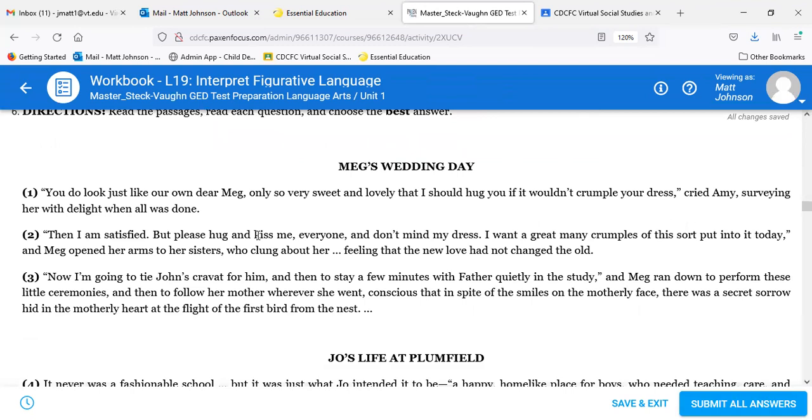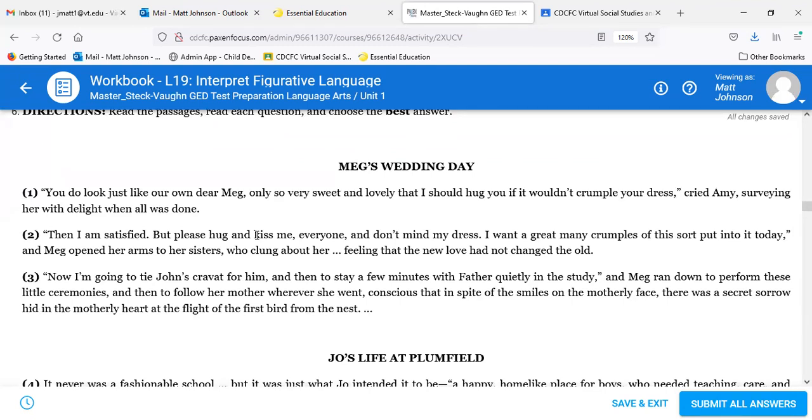Next wedding day. You do look just like our own dear Meg. Only so very sweet and lovely that I should hug you if it couldn't crumple your dress, cried Amy, surveying her with delight when all was done.